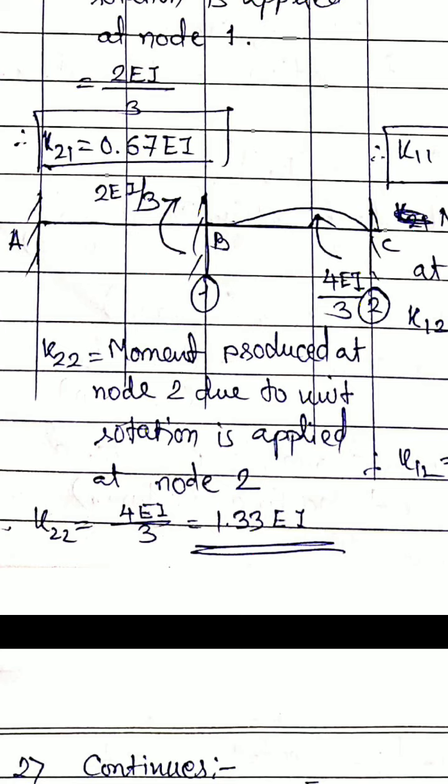And at the far end, we have to see how much moment is carried over. Here B is the far end, C is the near end. So at joint B, moment will be carried over. How much? What is the value of this moment? That is half of your 4EI by 3, that is 2EI by 3.